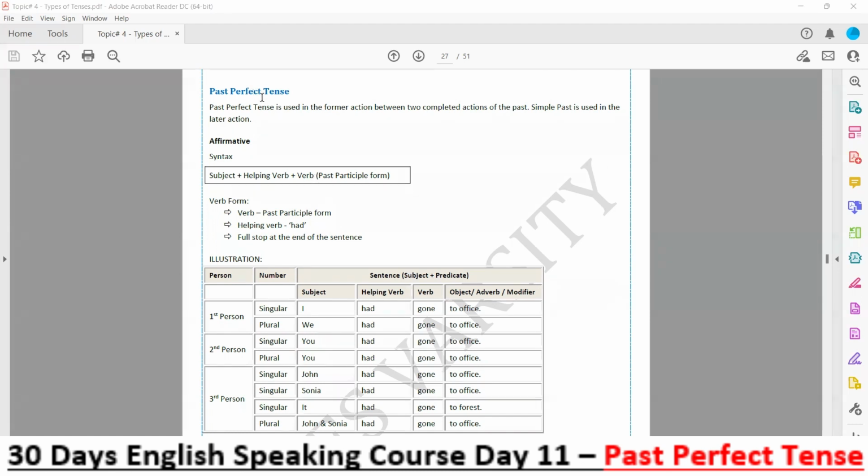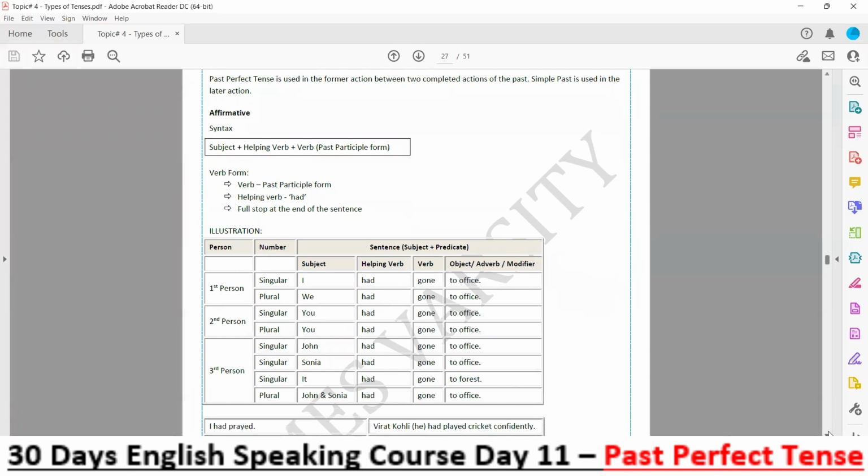So here also in past perfect tense, the verb is in its third form. The helping verb had is the only helping verb used in past perfect tense. And since it is an affirmative sentence, it ends with a full stop.